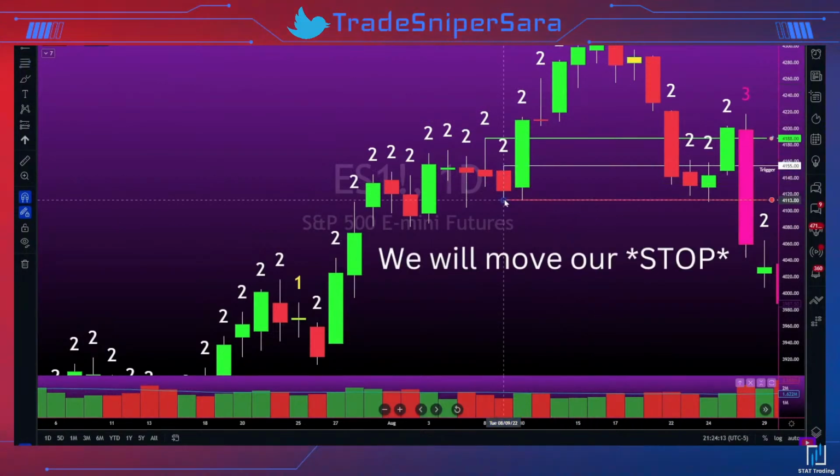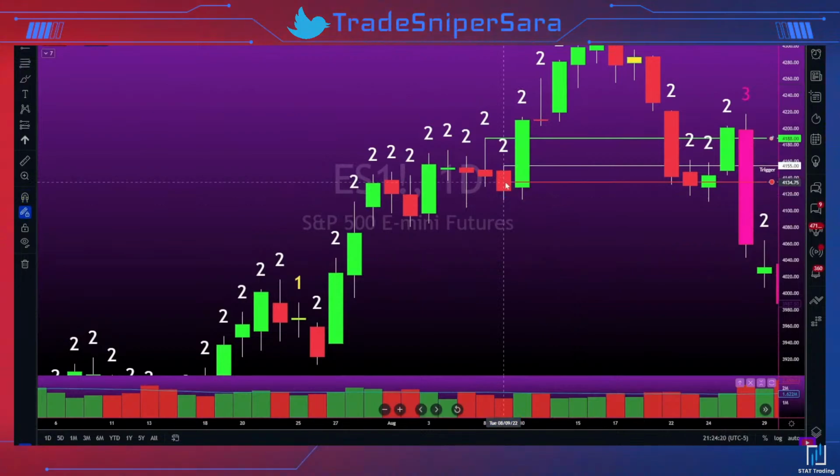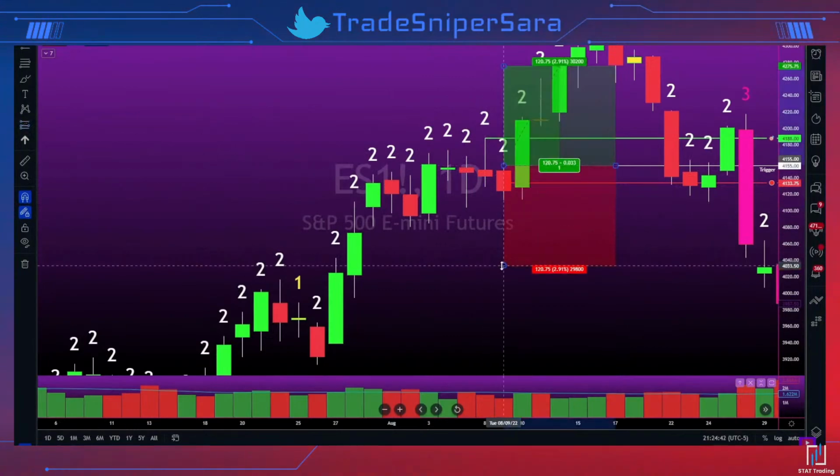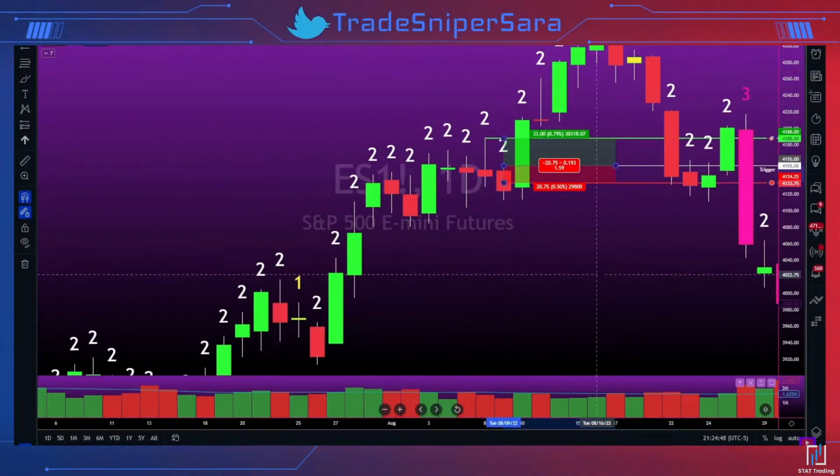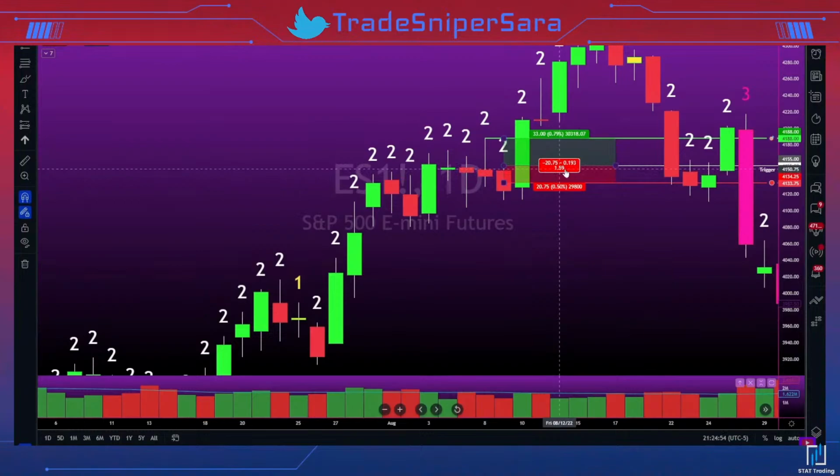We will move our stop to slightly under half of the 50% rule. So now when we get our long tool, we have better than 1-to-1 risk reward. We have like 1.6 to 1.